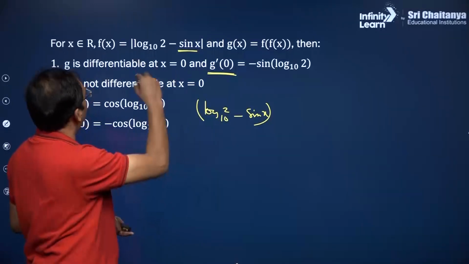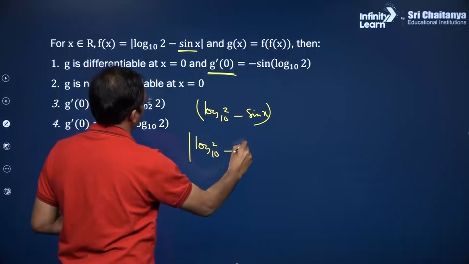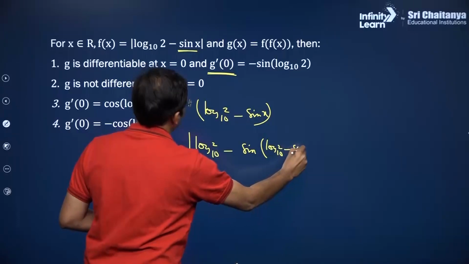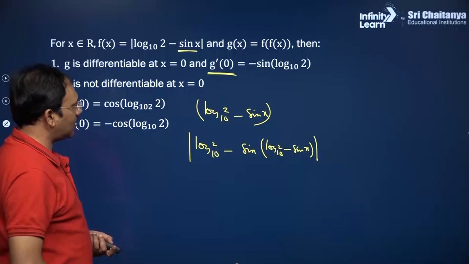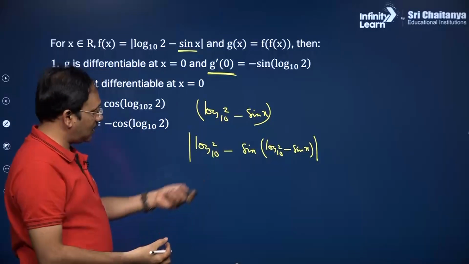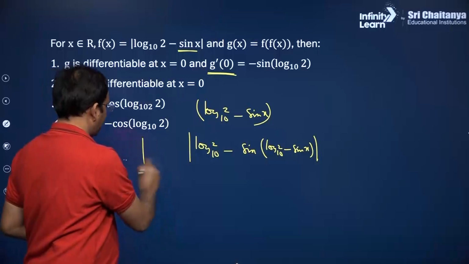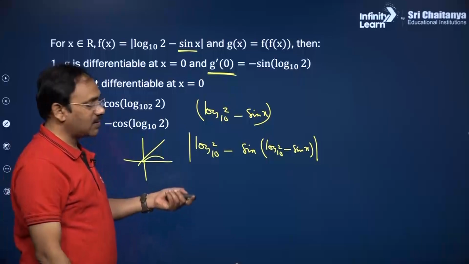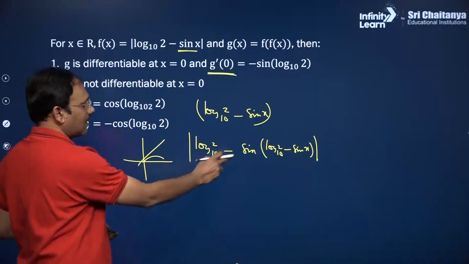This function f of x means you can write modulus of log 2 base 10 minus sin x. So this is also, my dear friends, tending to 0, log 2 base 10 sin x is definitely, we can say, yeah, you can observe, my dear friend, when it is almost nearby, x is less than sin x, you see sin x is less than x, this is small.